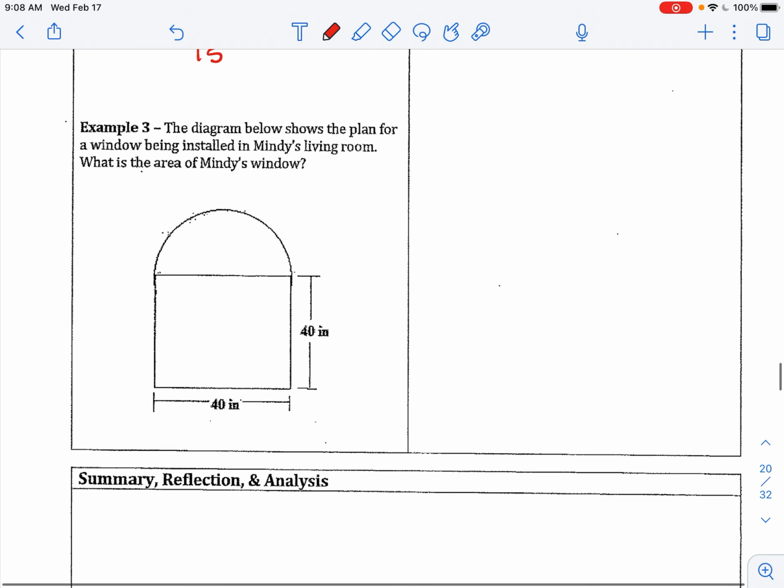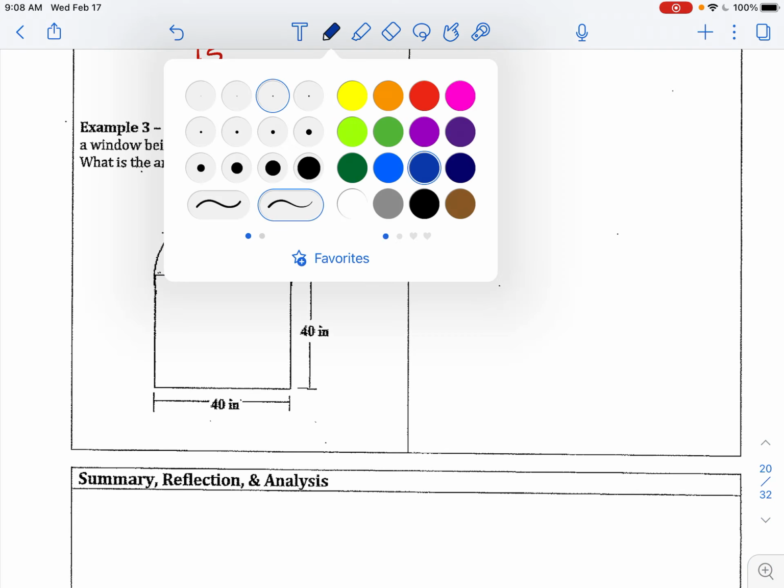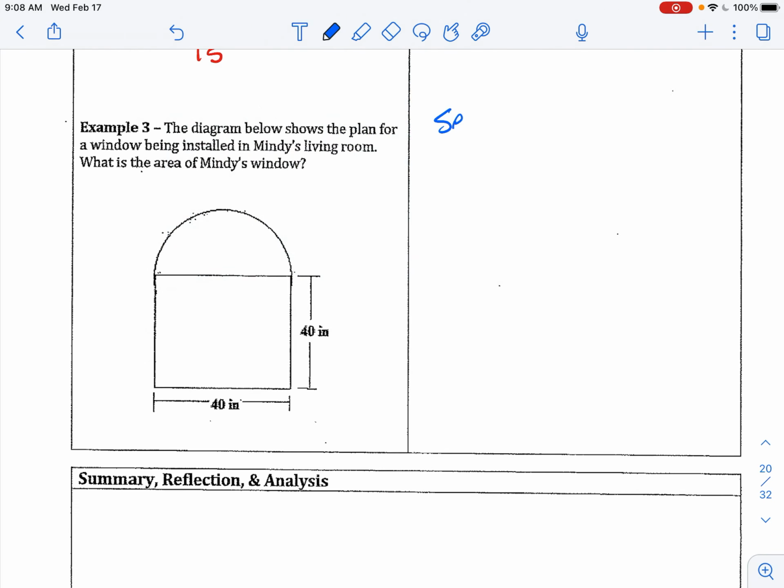In example 3, it says the diagram shows the plan for a window being installed in Mindy's living room. What is the area of Mindy's window? Okay, so what we've got here is a semicircle on the top. So we're going to calculate the area of a semicircle.